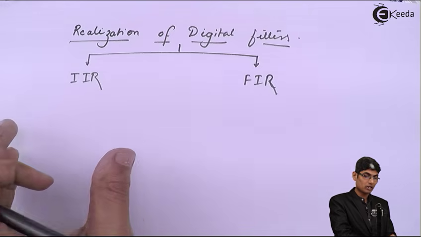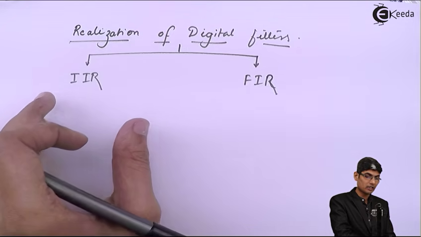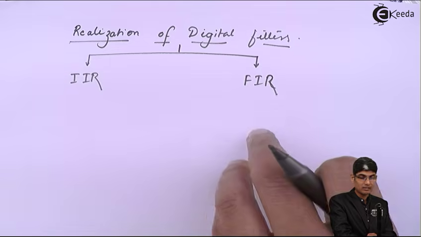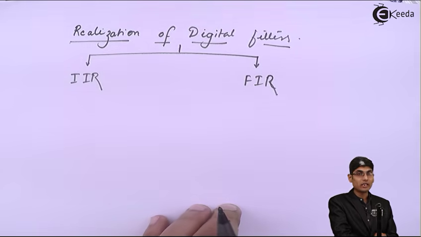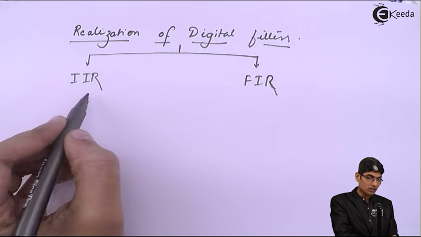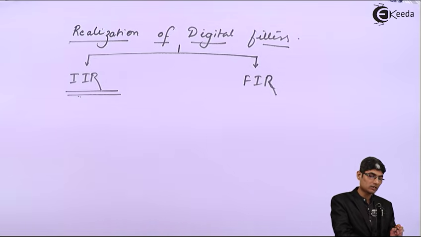So there are basic methods to design IIR filters and there are basic methods to realize FIR filters. For today, let us understand what the types of realization in IIR are.